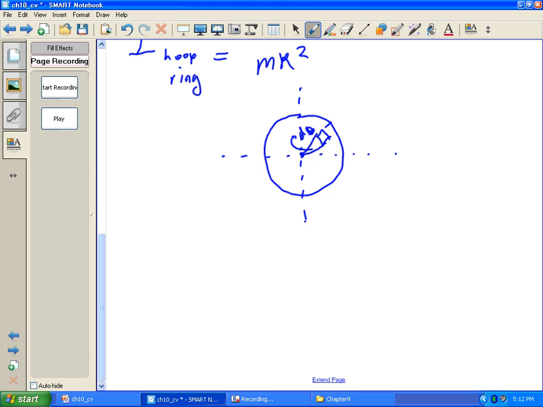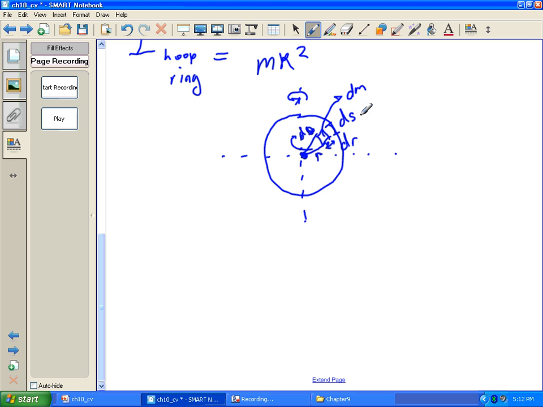This little element of length here is ds. This little element of length here is dr, and the location of our little dm happens to be a distance little r from the axis of rotation. So the rotation's about here.